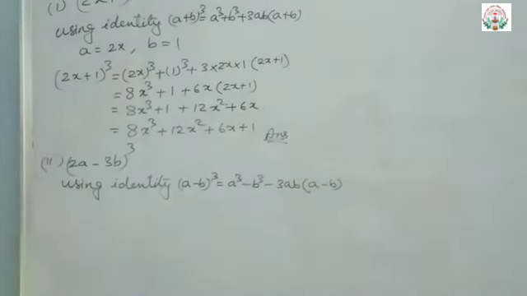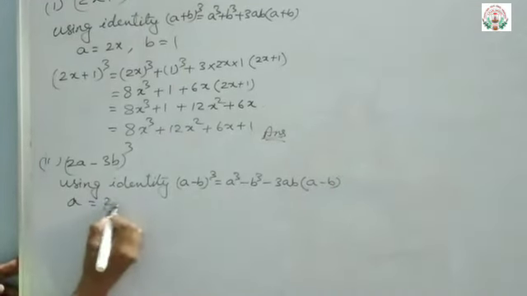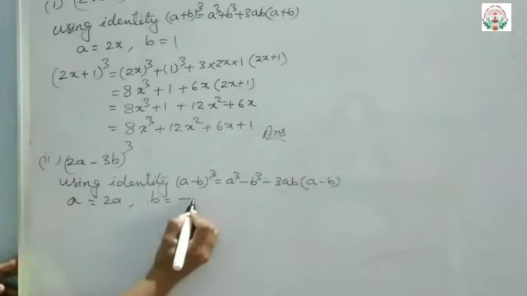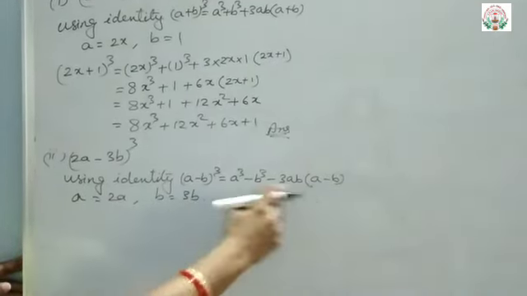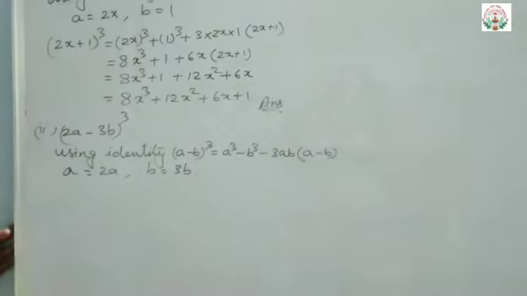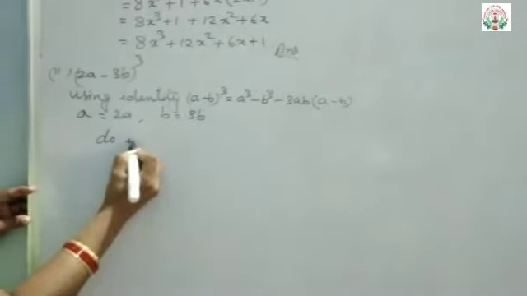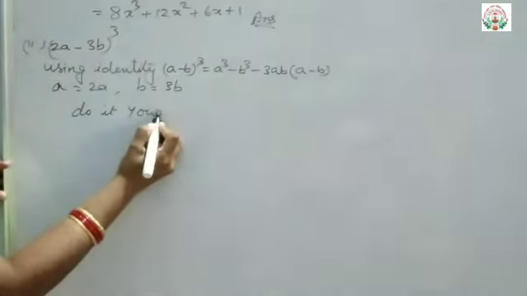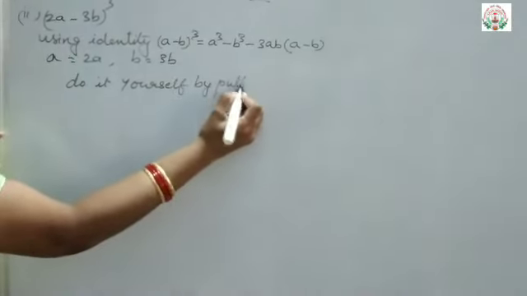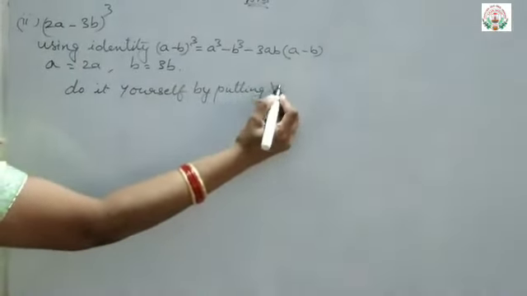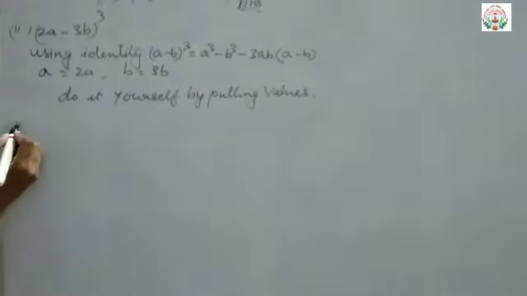Put in this, and on comparing, a equals 2a, and b equals 3b. Now put the values here and you will get the answer. I think further you can solve. So do it yourself by putting values. Okay, do it.